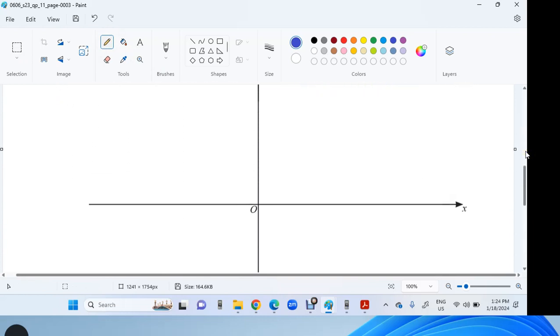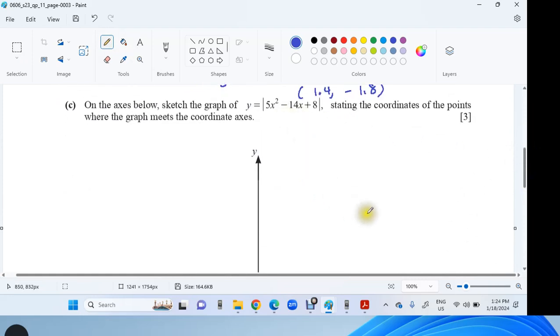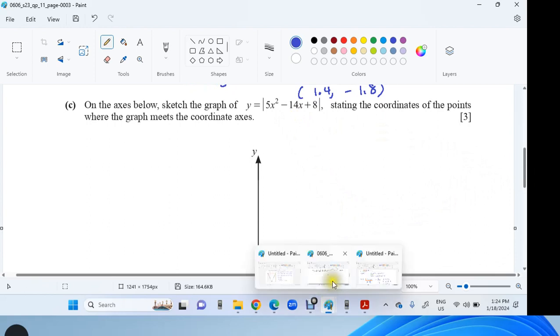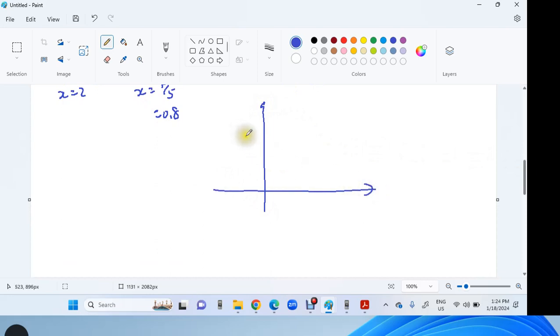Okay, so the graph for this one without modulus, how the graph without modulus will look like. It will look like this. We have 2 and 0.8, with the axis of symmetry. So we have (0.8, 0) and (2, 0).